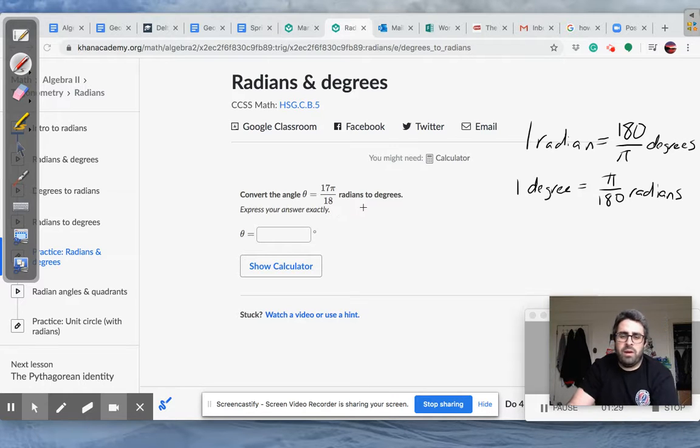So again, the concept of the radian is that it's basically a length of the radius if you extended it around the outside of the circle, meaning around the circumference. So what ends up happening is if you were to extend it 3.14 times, it would give you a semicircle or 180 degrees.